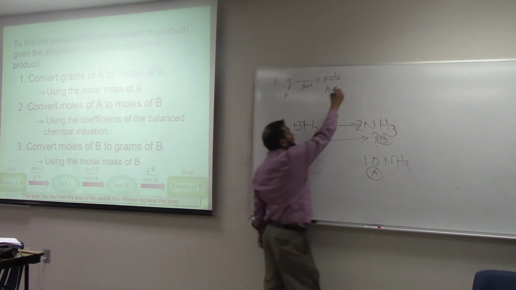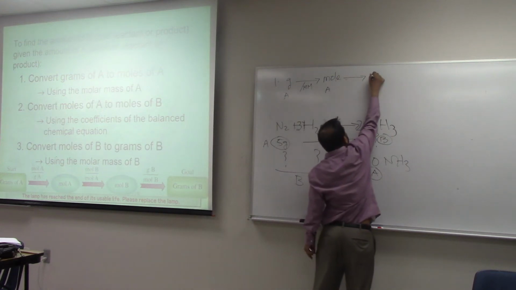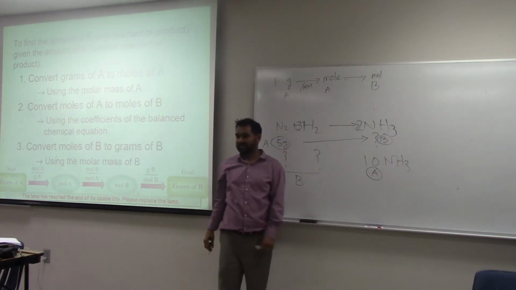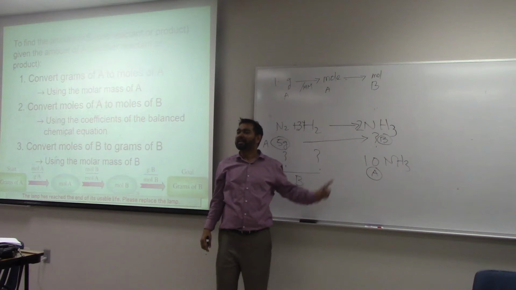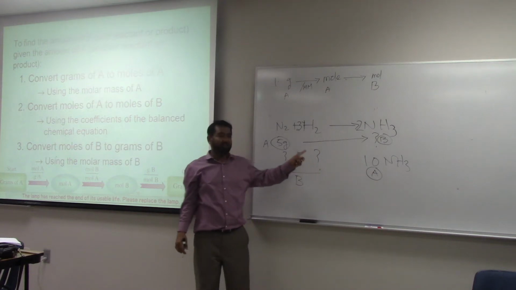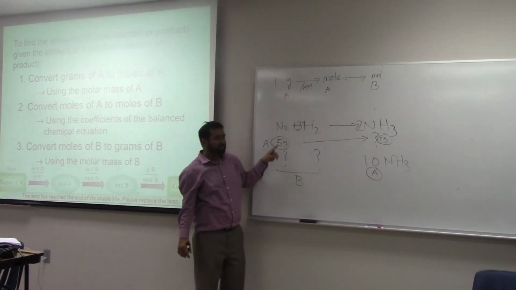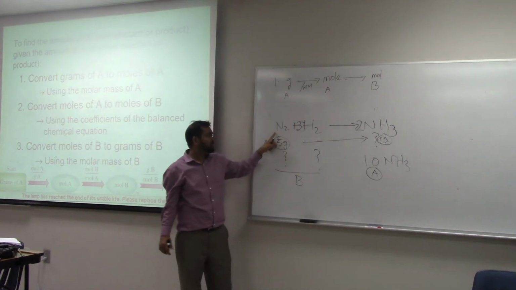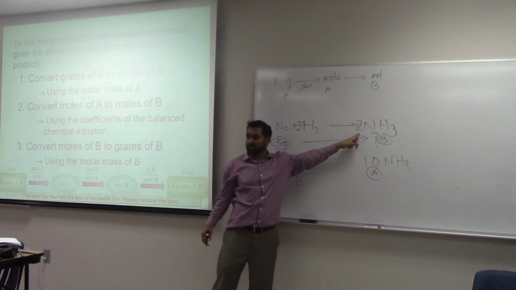So then mole of A to mole of B. How do you get that? From the equation coefficient. For instance, you see, now this is A, right? This is B. Coefficient here is 1, here is a 2.